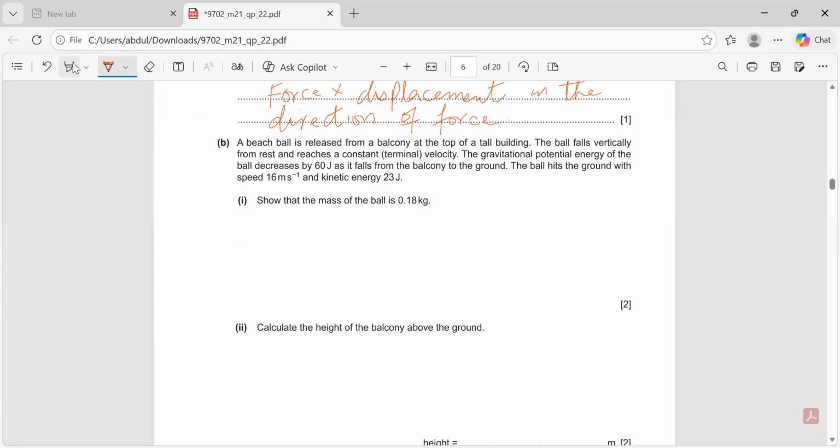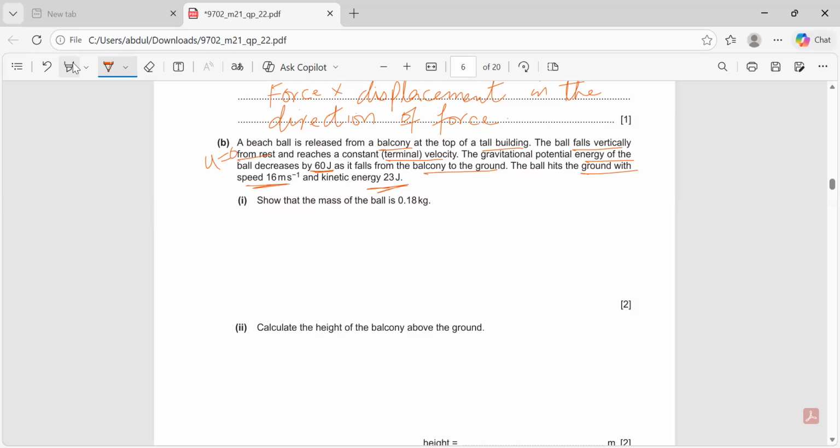A beach ball is released from a balcony at the top of a tall building. The ball falls vertically from rest, so u is equal to 0, my dear friends, and reaches a constant terminal velocity. The gravitational potential energy of the ball decreases by 60 joules. It means the loss in GPE is 60 joules. As it falls from the balcony to the ground, the ball hits the ground with a given speed and kinetic energy.